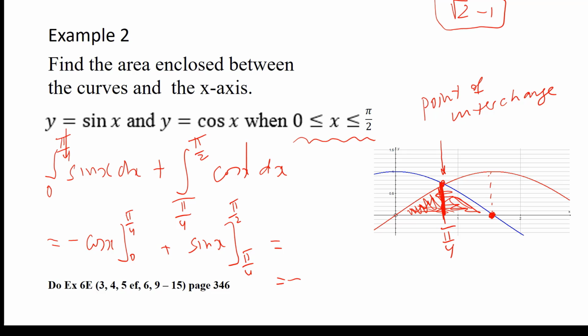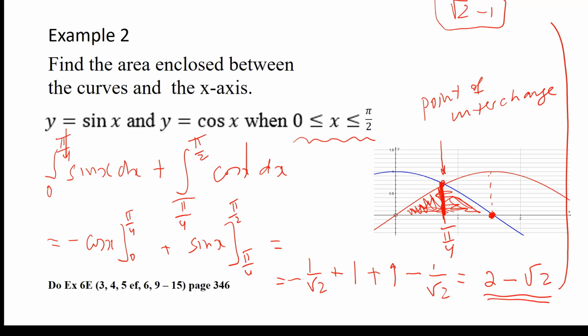So negative 1 over root 2 minus negative, so that's plus 1, plus sine of pi over 2. Sine of pi over 2 is 1, minus 1 over root 2. And so you've got 2 minus root 2. Very different answer to the one we had before.